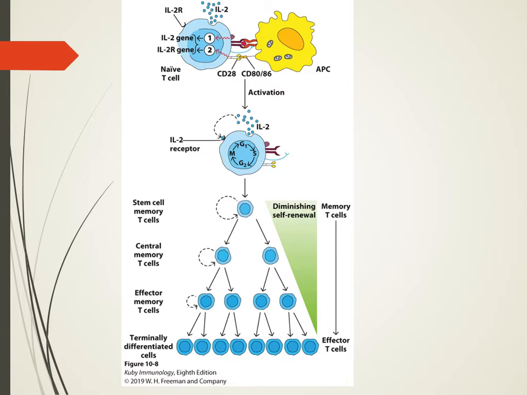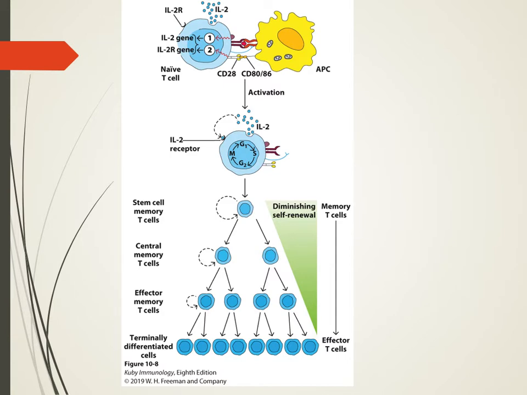Okay. So one of the things we want to keep in mind is that when we activate our T cell here, you can see our first signal and our second signal, and then we get our cytokine production, which activates it, and it proliferates. Over time, as it terminally differentiates, its ability to self-renew decreases. The ability to make copies of itself is going to decrease as it gets terminally differentiated.